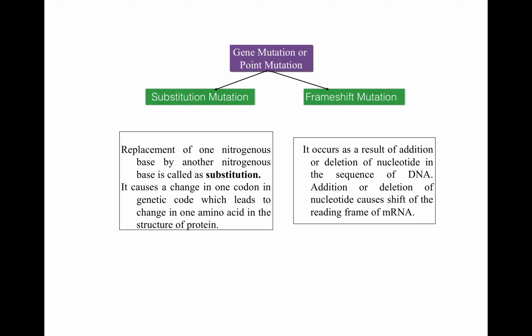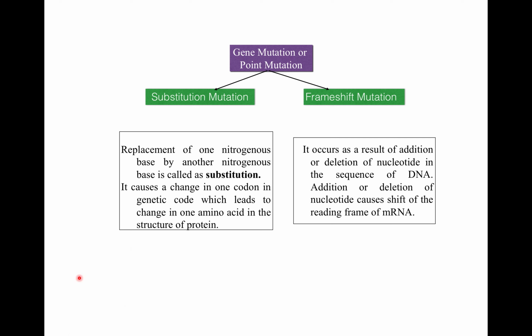That's why it is known as substitution. So there is a replacement of one nitrogenous base by another nitrogenous base. It causes a change in one codon in genetic code, and this leads to changes in one amino acid in the structure of protein.